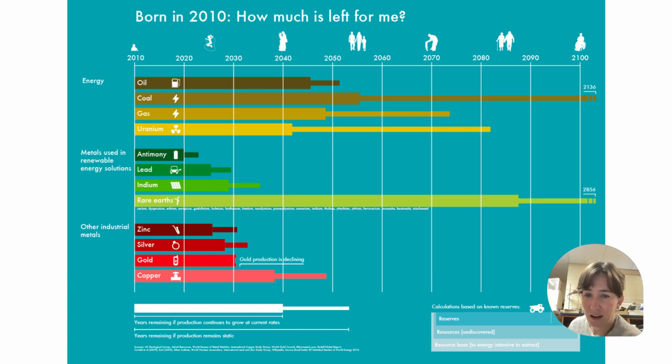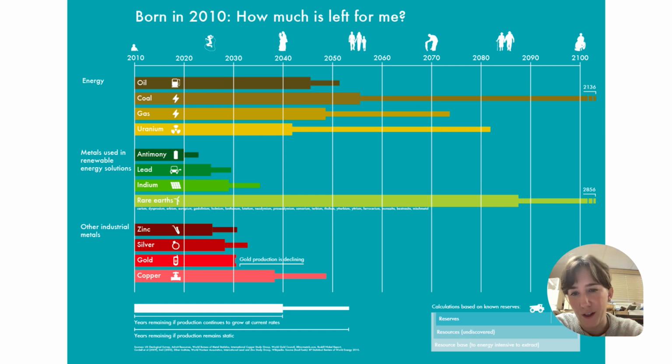So you can see that a lot of our energy resources don't have that much left, which is why it's so important that we do a lot of research and try to establish renewable energy production methods because our fossil fuel reserves are not all that substantial. We also have limited materials in other capacities, not just in energy.